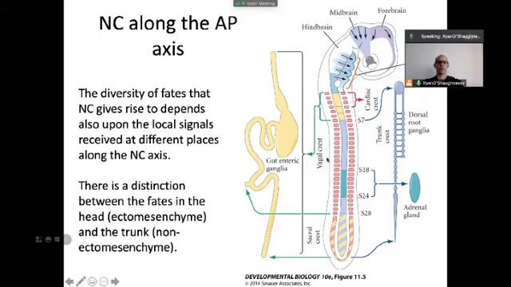So neural crest cells will become the gut enteric ganglia and innervate the gut. And so different parts of the embryo drive these neural crest cells to different fates.